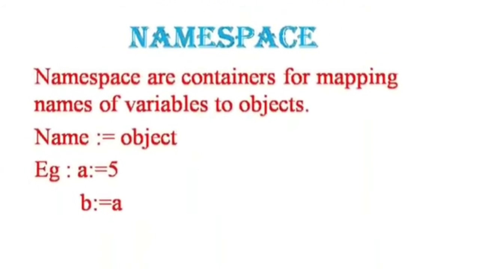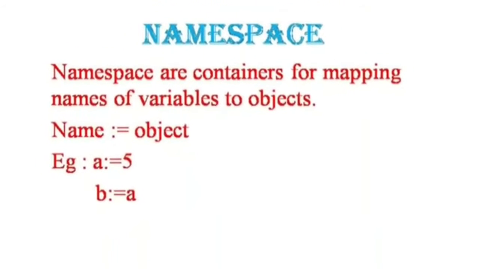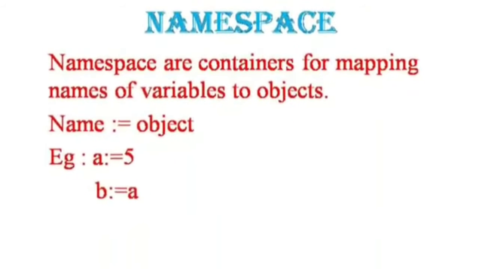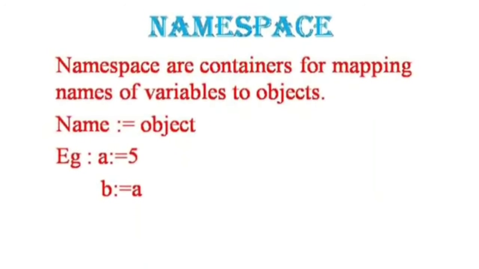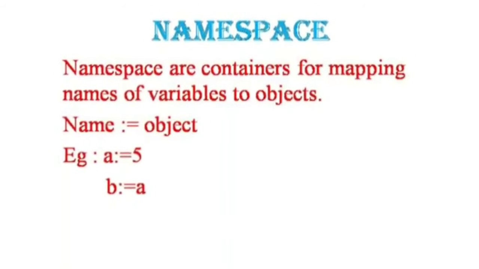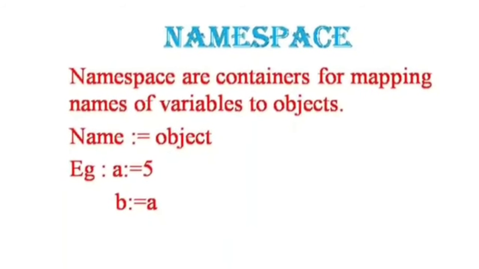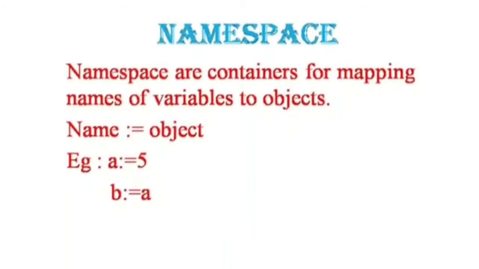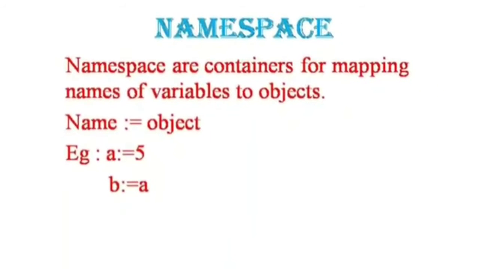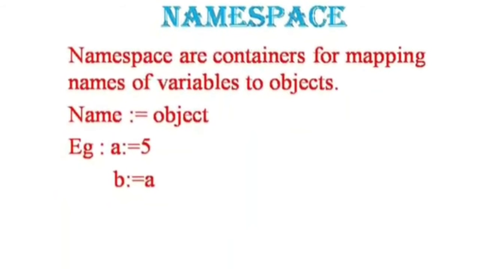You can think of them as dictionaries which contain a list of words and their meanings. The words are mapped with their meanings in a dictionary, whereas names are mapped with objects.